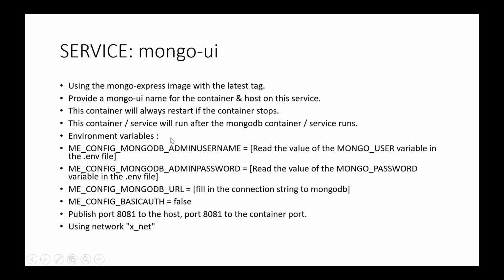With the environment variables, we fill in the connection string. We publish port 8081 on the host to port 8081 on the container, and use network x_net.